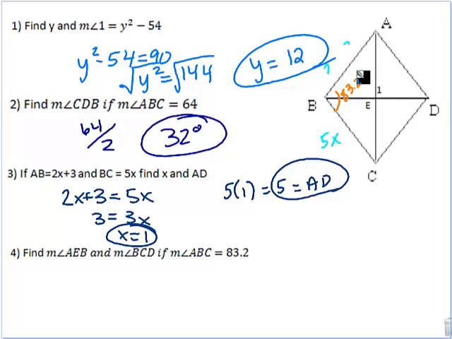Let's do AEB first. Yeah, that angle's 90. Why is that 90? They're perpendicular. Okay, so the measure of angle AEB is 90.